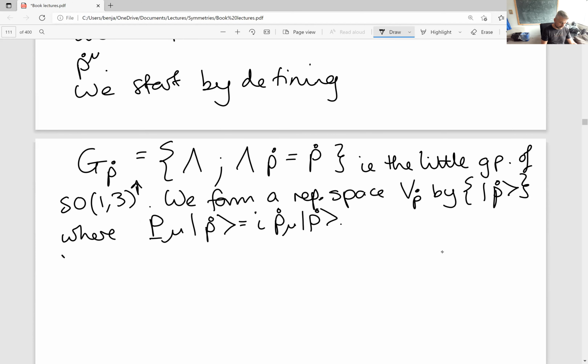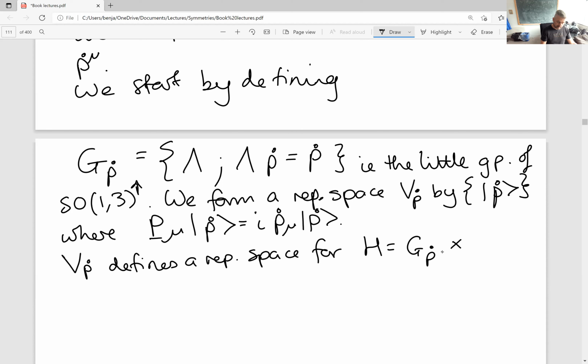And so V P dot defines a representation space for our little group, for H, which is G P dot direct product with four-dimensional translations.